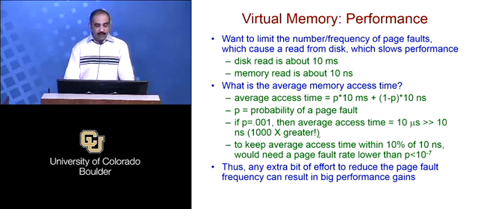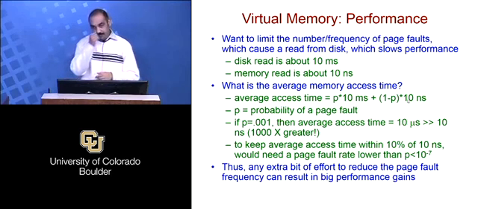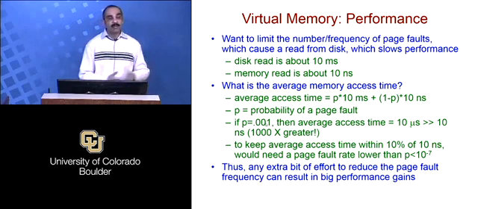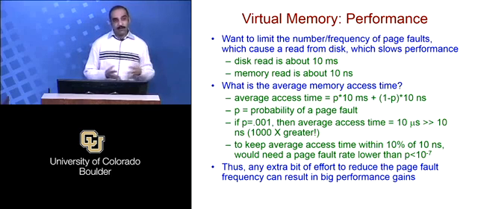If you do some calculations, if P is the rate of page faults, then your average access time will be P times 10 milliseconds plus (1 minus P) times 10 nanoseconds. Say P is 0.001, which means the probability that you are going to encounter a page fault is 1 in 1,000. That's fairly low.